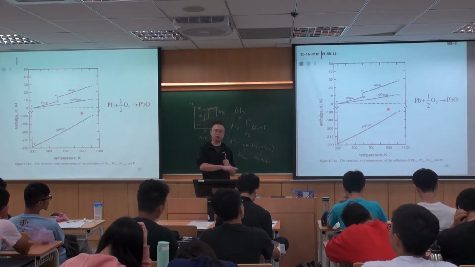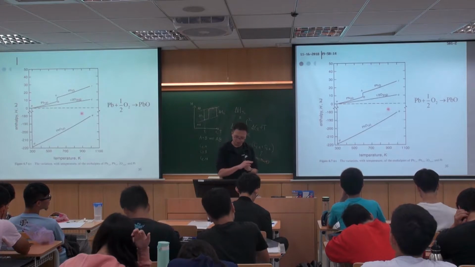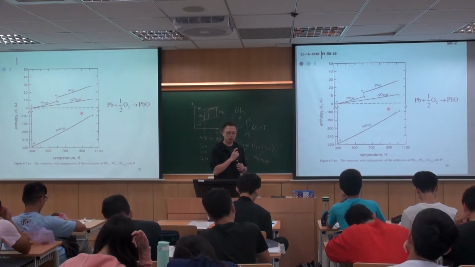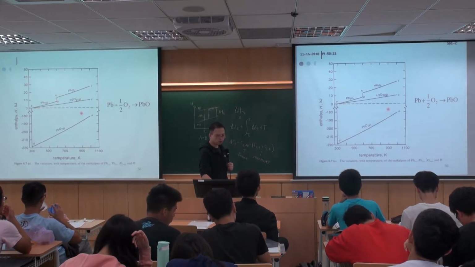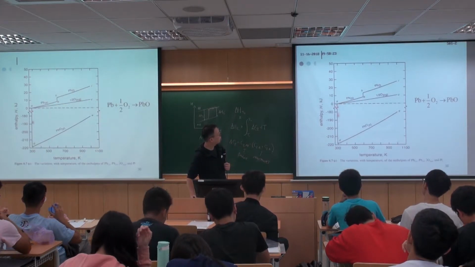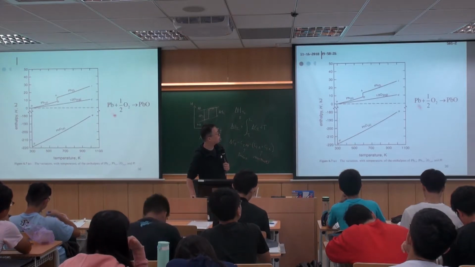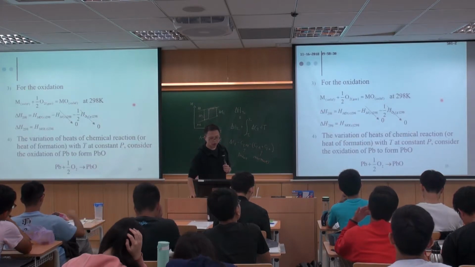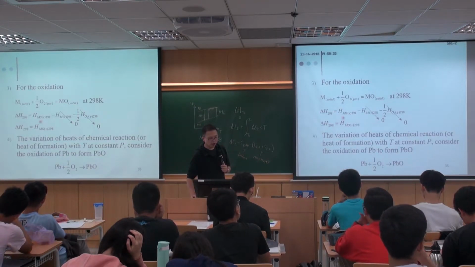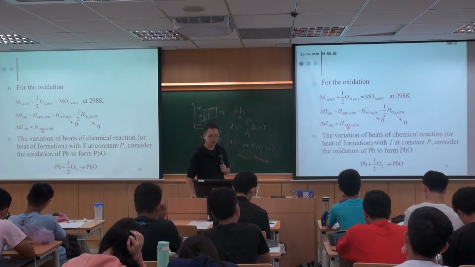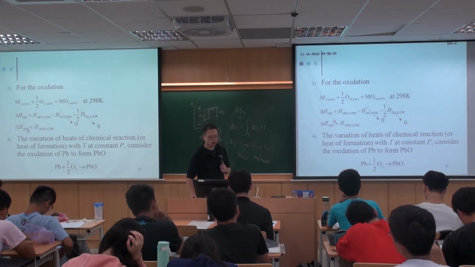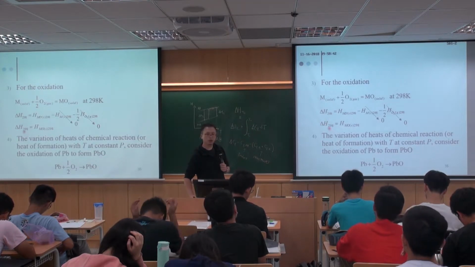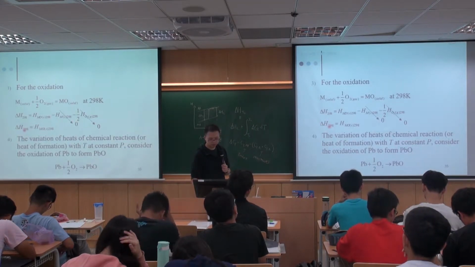So this is an important plot. Please make sure that you understand why the plot is like this. And this difference over here is the delta H of this reaction. Remember, when we talk about the enthalpy for a metallic oxide, it is actually the delta H, the heat of formation at that temperature, at 298 Kelvin.